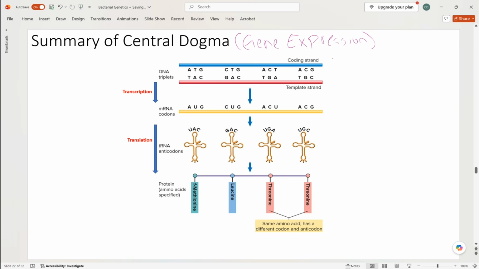And this is called the central dogma of biology because really this is what biology boils down to, how DNA serves as our genetic code. And what that actually means is it is the instruction manual for how the cell needs to build the proteins that are required for it to survive.